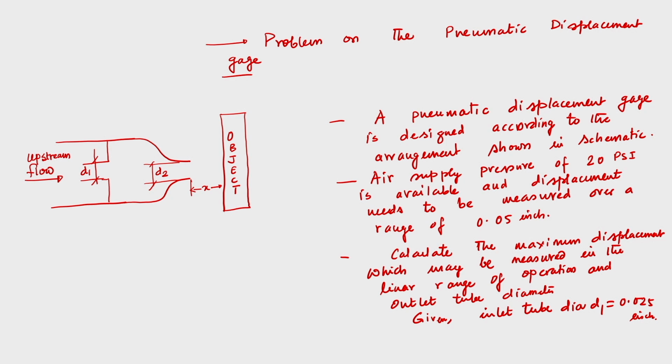Linear range of operation, that is the formula given by Granick and Evans, and we have to rely on the value of r that is reported, that the value of r typically varies from 0.4 to 0.9, with its maximum value 0.9 and minimum value 0.4. Now, that x max minus x min, that is what we want.